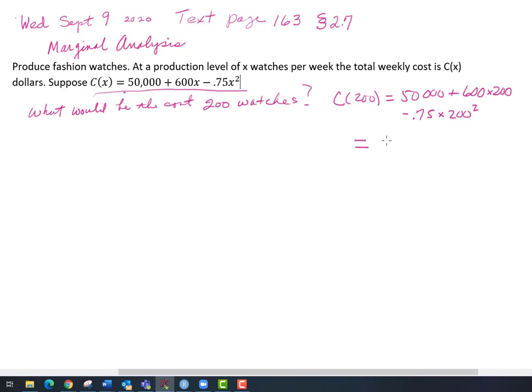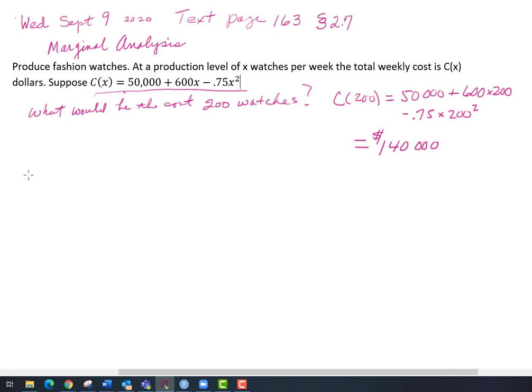I wrote that down, it's just a calculator problem: $140,000. So if we're producing 200 watches per week, our weekly cost of production is going to be $140,000.